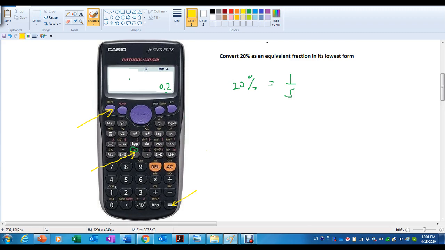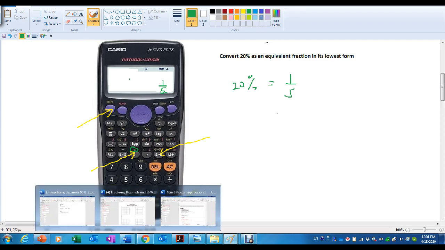For that part, you need to use this button, which changes from decimal to fraction. You just use that one, and if you hit it, you will see 1/5 right away. So that's it, no problem.